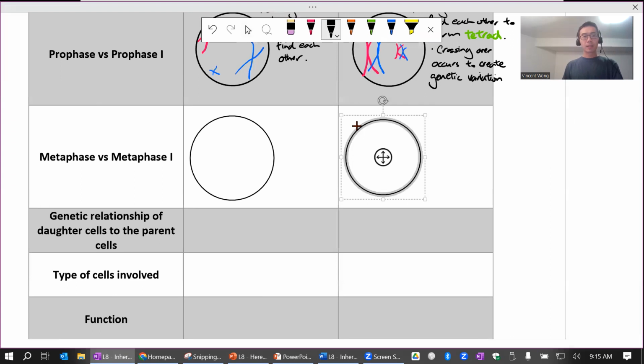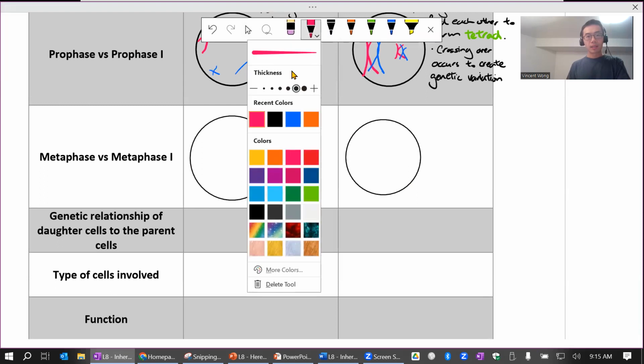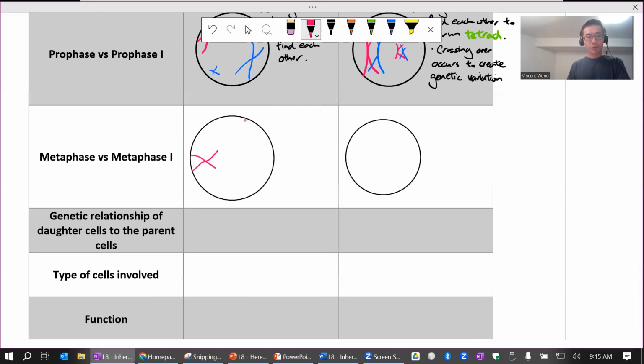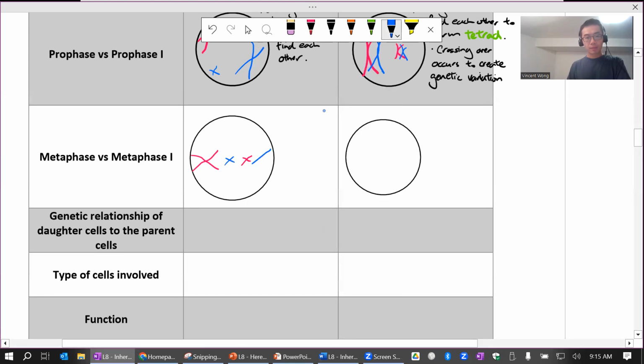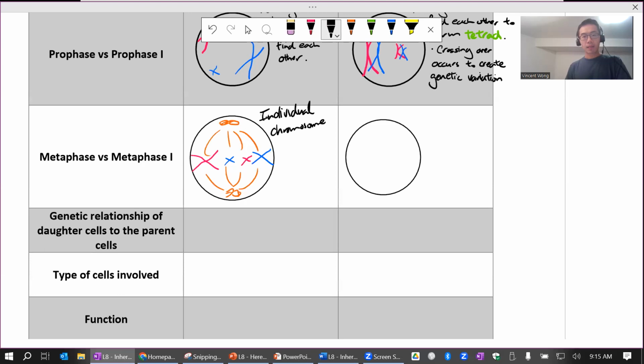In mitosis, the chromosomes just line up in the middle by themselves. Of course, you have your centrioles at the ends. Individual chromosomes line up in the middle.